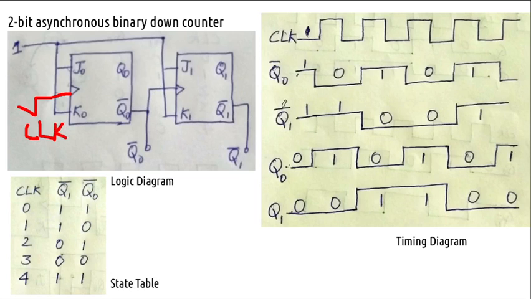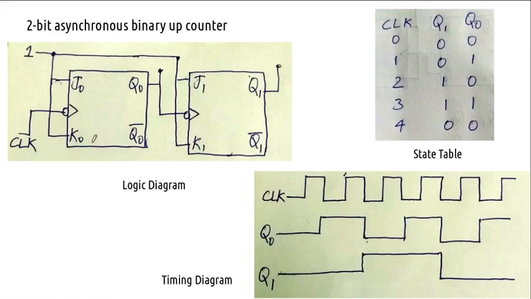The Q0 will be rippled. The Q bar output, the complementary output, will be fed to the clock of the next stage. In the other case, you will feed the uncomplemented output to negative edge triggered flip-flops. So this is as far as JK flip-flop is concerned.